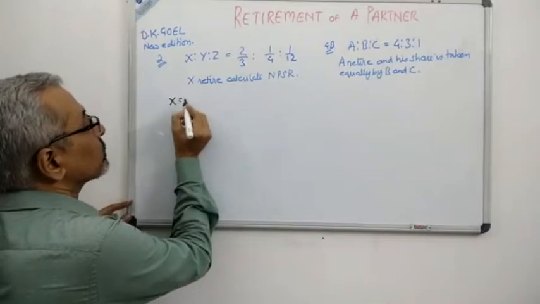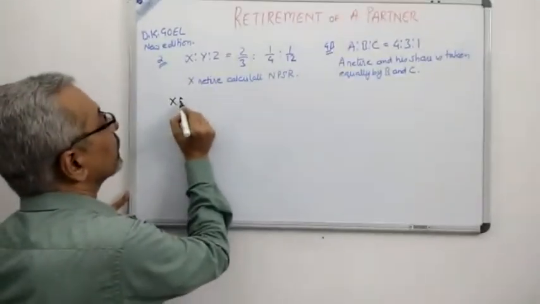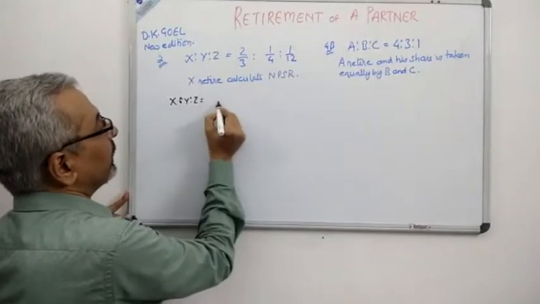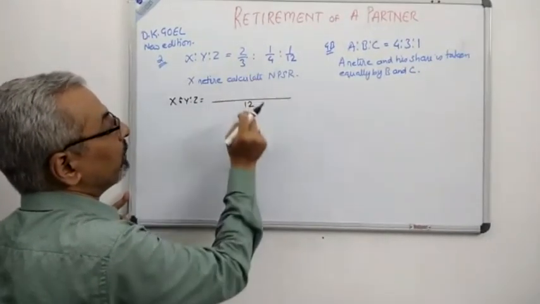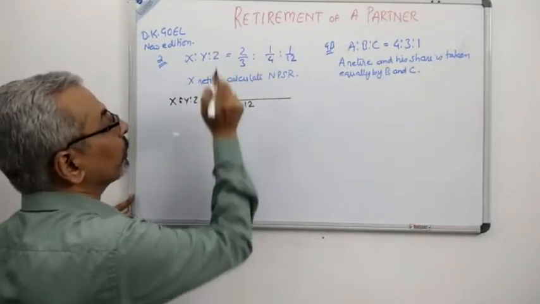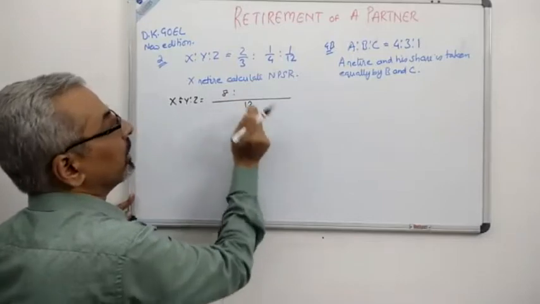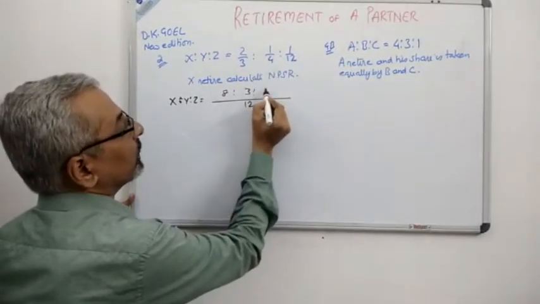So what is the ratio of X? You can see over here, if we take a common denominator for X, Y and Z as 12, you can see 12 and 3. If we divide 12 by 3, we get 4. 4 into 2 gives us 8. And next, if you divide 12 by 4, we get 3, and we have 1.